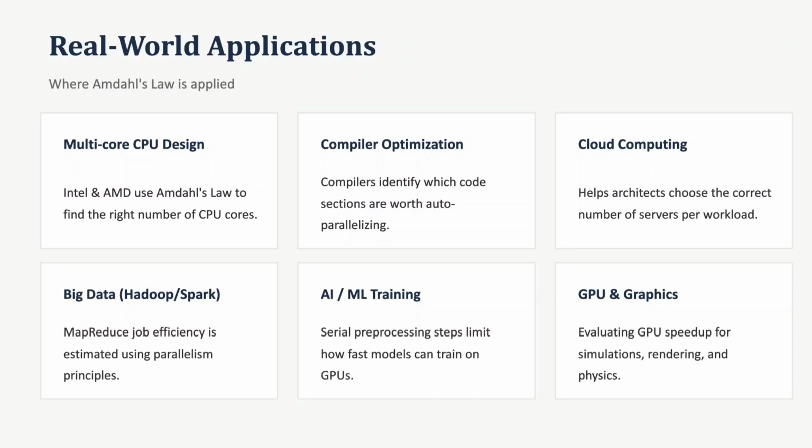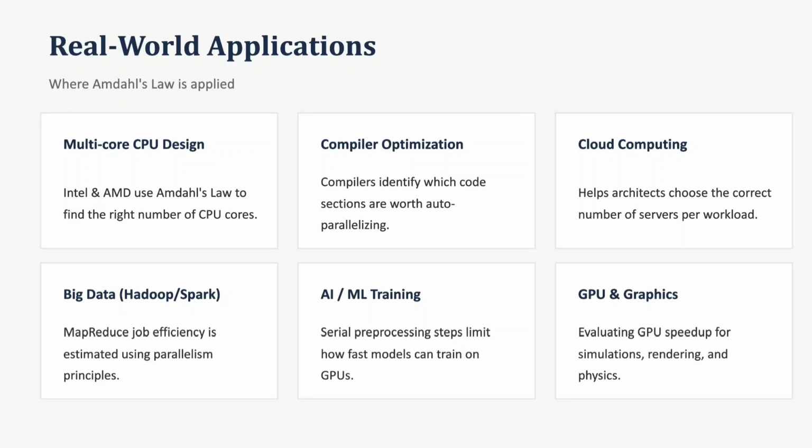Now the real-world applications. It is used in multi-core CPU design. Intel and AMD use Amdahl's law to find the right number of CPU cores. Compiler optimization: compilers identify which code sections are worth auto-parallelizing. Cloud computing: it helps architects choose the correct number of servers per workload.